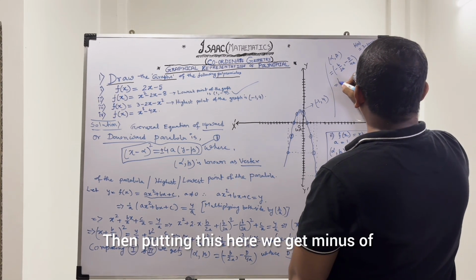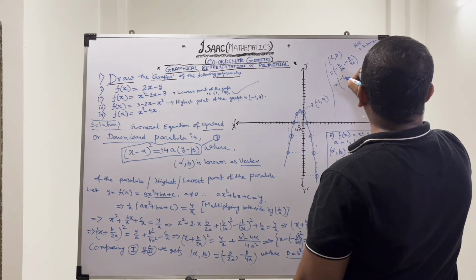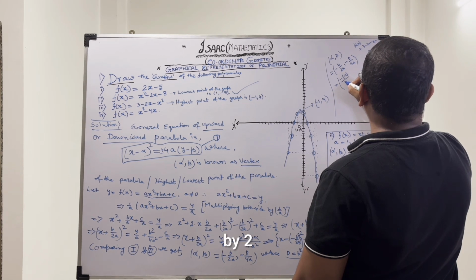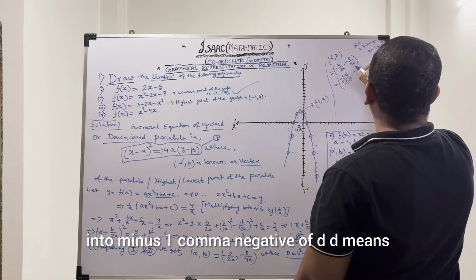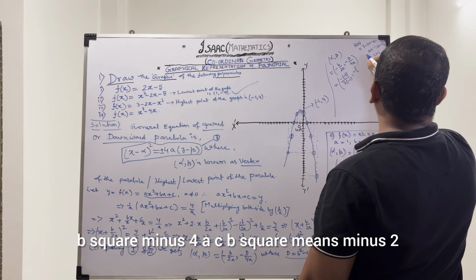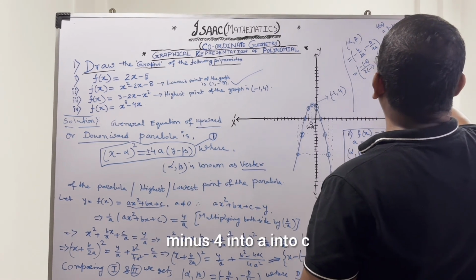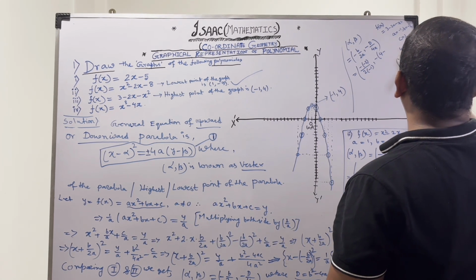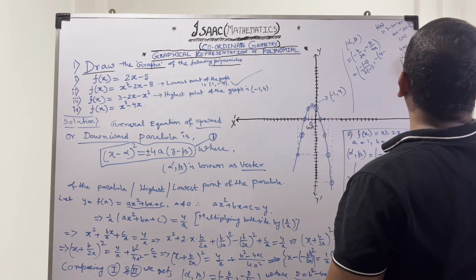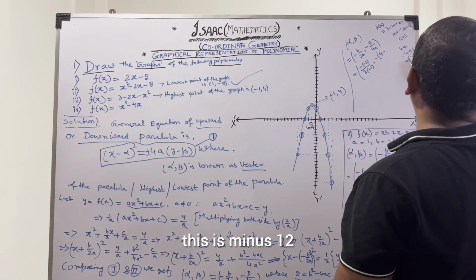Then putting this here we get minus of minus 2 by 2 into minus 1 comma negative of D. D means b square minus 4ac. b square means minus 2 whole square, that is 4, minus 4 into a into c, that is 4 into minus 1 into 3, this is minus 12.